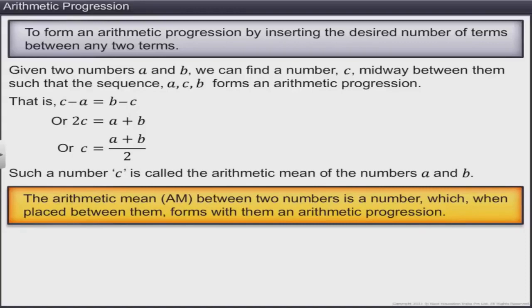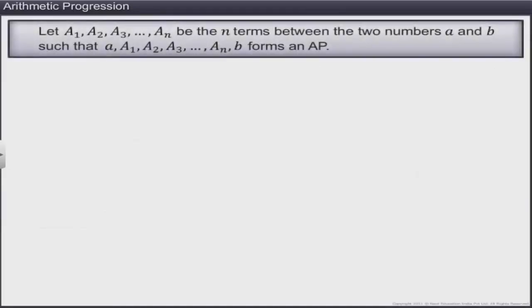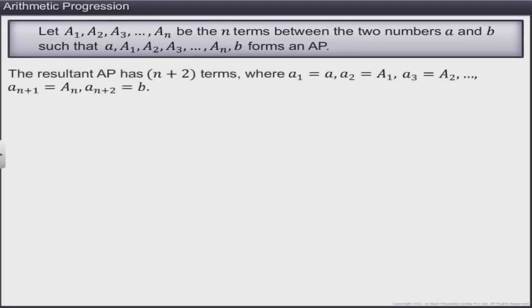In general, we can insert any number of terms between two given terms such that the resulting sequence is an arithmetic progression. Let us insert n terms between a and b such that the resulting sequence forms an arithmetic progression. This resulting arithmetic progression has n plus 2 terms, where a is the first term and b is the (n plus 2)th term. Now, the (n plus 2)th term is b.